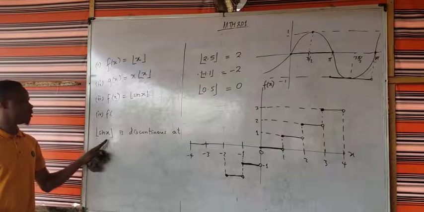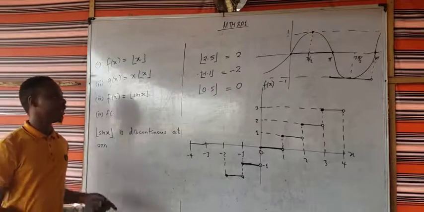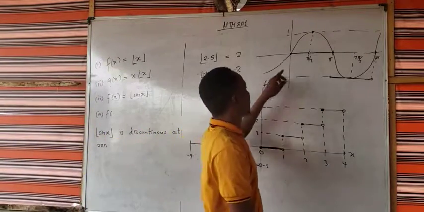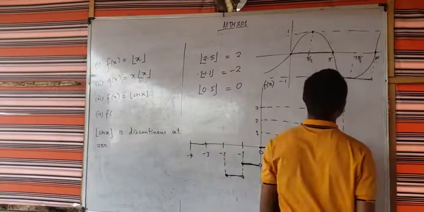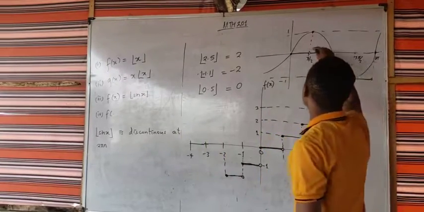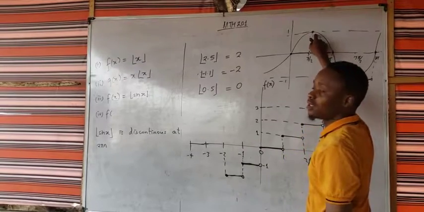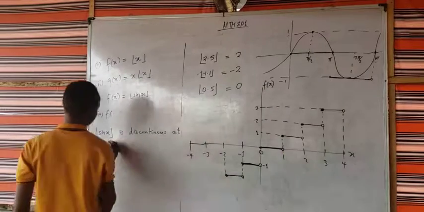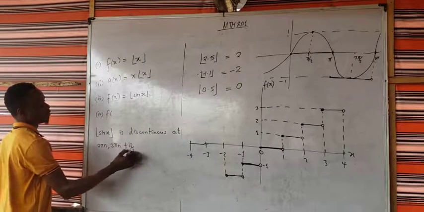If n is 0, this will be 0. Does it make sense? It will be discontinuous at 2 pi n. That's this point. Then it is going to be discontinuous at this plus pi over 2, that is, at 2 pi n plus pi over 2.